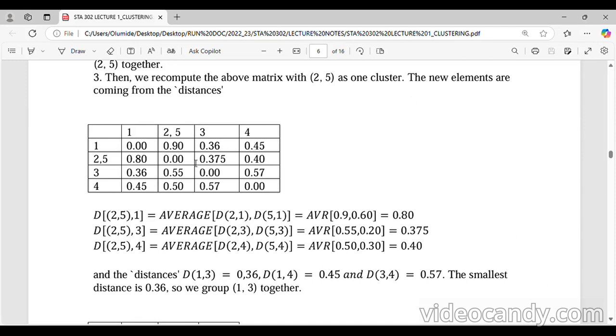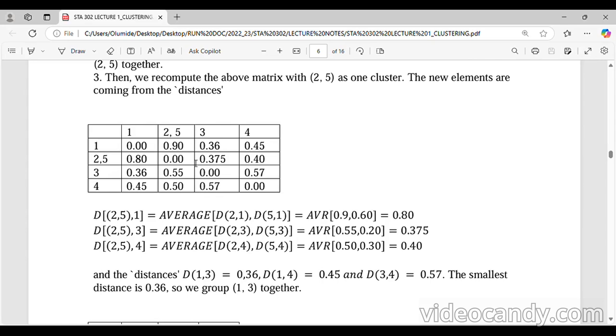Then from the table we have 2, 5, then 3, which equals the average of the distance between 2 and 3 and the distance between 5 and 3. That gives us 0.55 and 0.20. When you average it, we have 0.375. Then the next one is 2, 5, and 4.